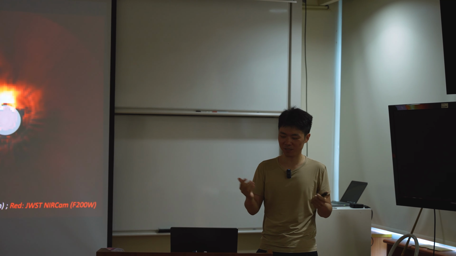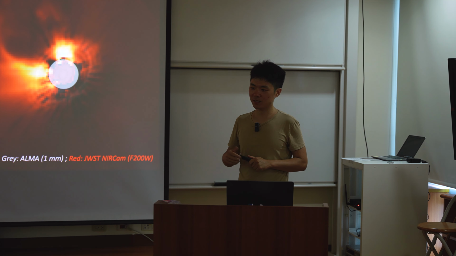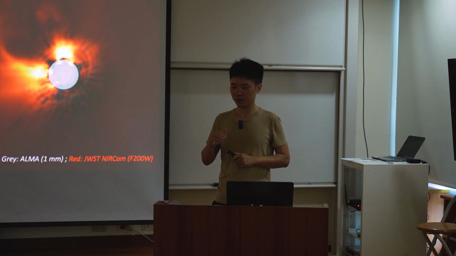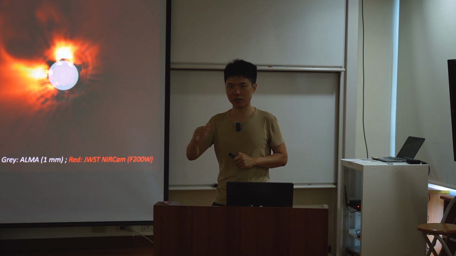Other questions? For MWC 758, the planet that's located at 100 AU, how large do you think the disk actually is then? The dust disk ends inside that. The gas disk, depending on which molecular species you're looking at, ends roughly between 100 to 150 AU.